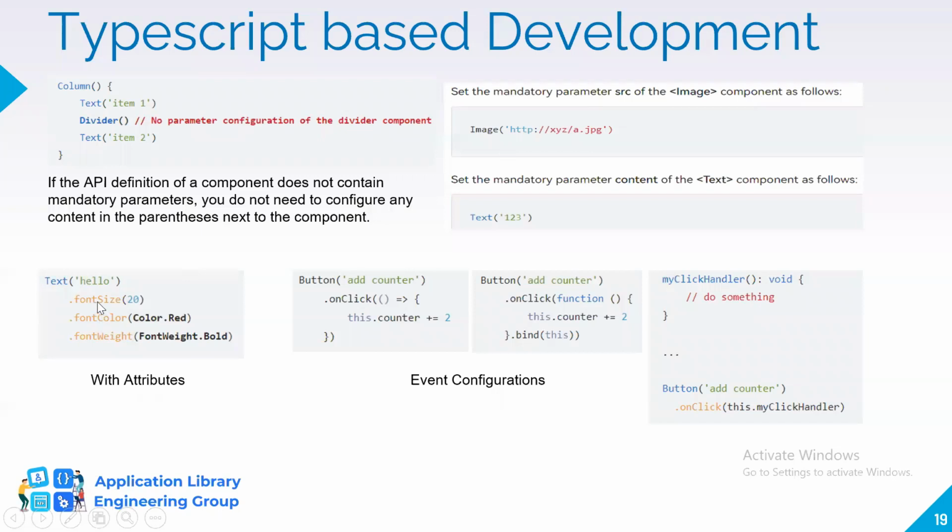And as we already discussed, these are the attributes which can be set on your component. In ETS, we set them in this syntax wherein you use functions. Event configurations we also already discussed, onClick, and the callback can be either a lambda expression or a normal function. This is one example where you are using your global function. So basically on click of this button, this is what will be executed.